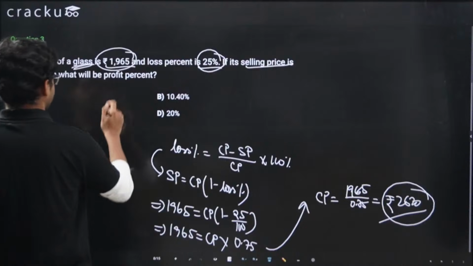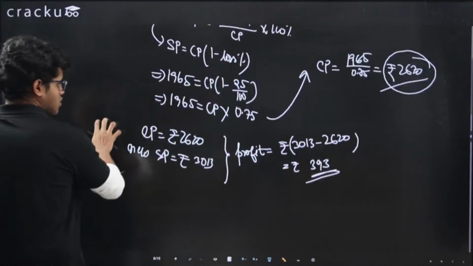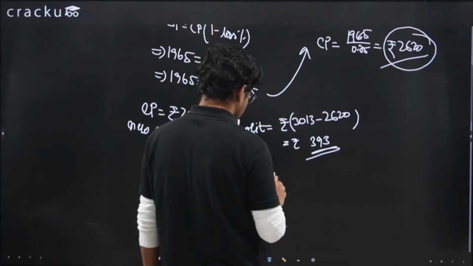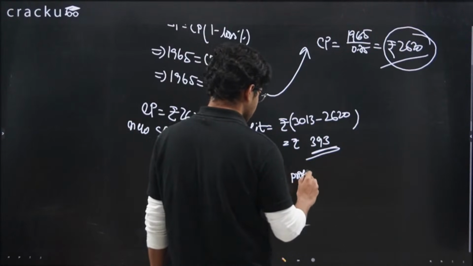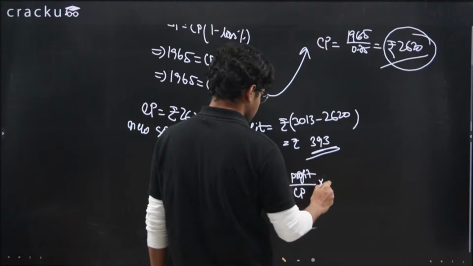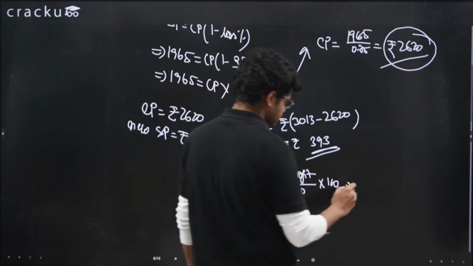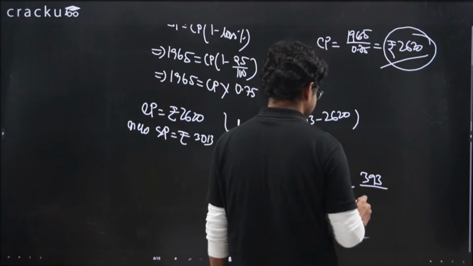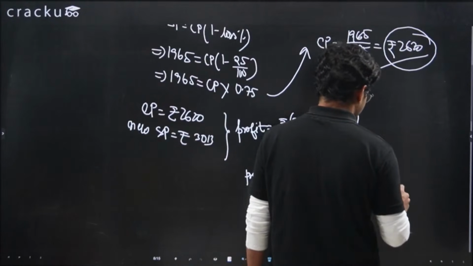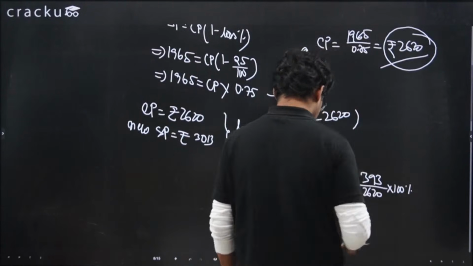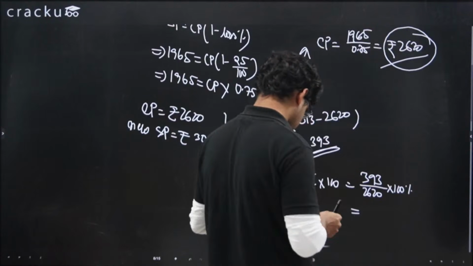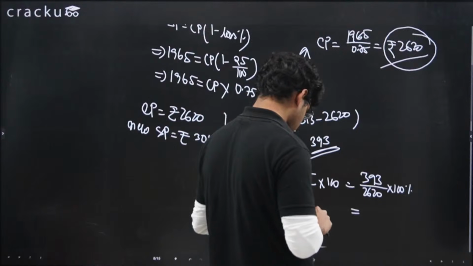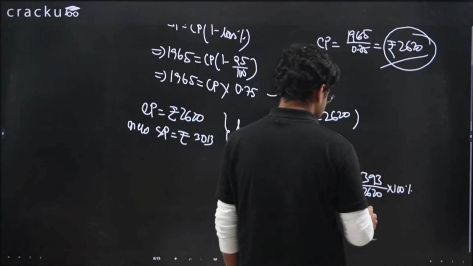So what is the profit percentage? We know profit percentage is profit upon cost price into 100, which is 393 upon 2620 into 100 percentage. 0.15 into 100%, which is 15%.